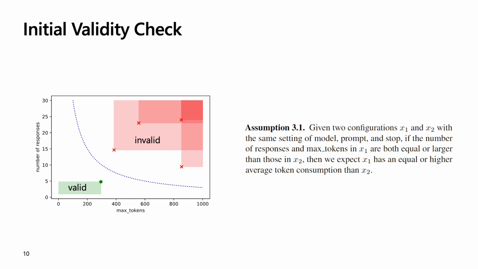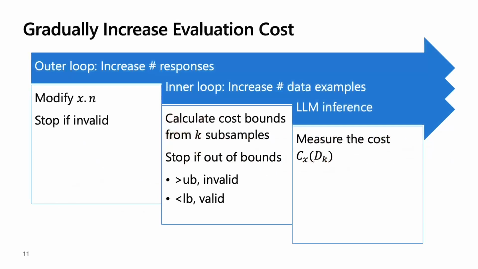After we evaluate a few configurations, there are 3 cases for a new configuration to be evaluated: expected to be valid, expected to be invalid, or we don't know. In the first case, we evaluate the configuration as it is. In the second case, we prune this trial without evaluation. In the third case, we start evaluating the trial from a small number of responses which we expect to be valid.